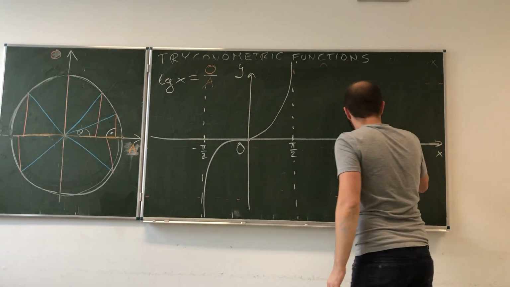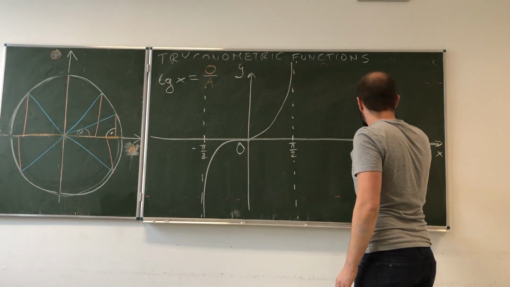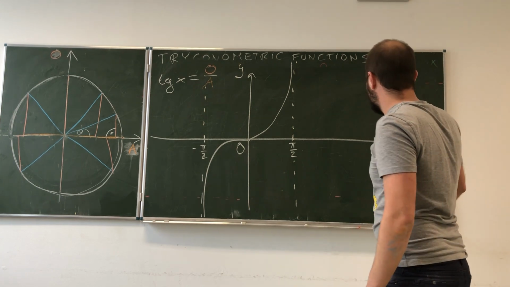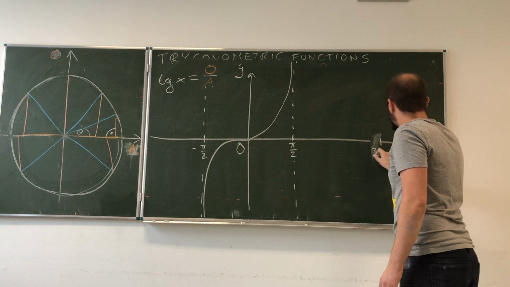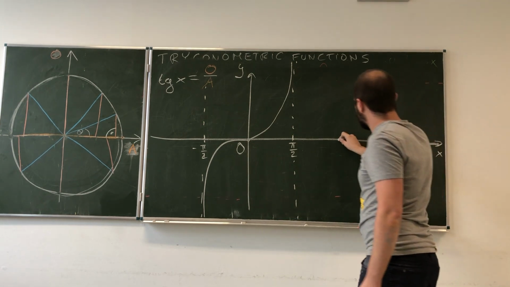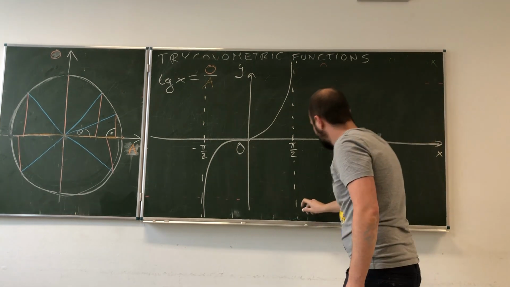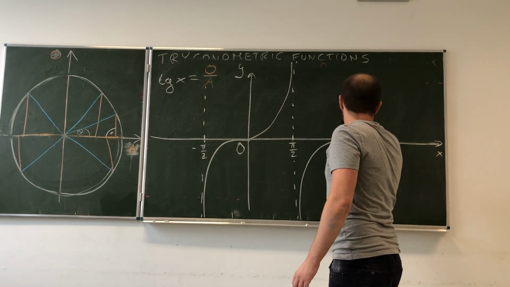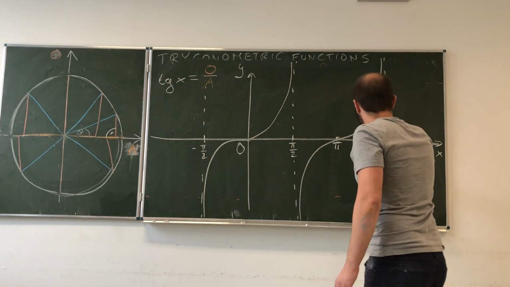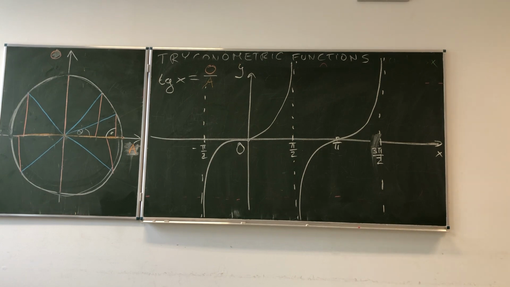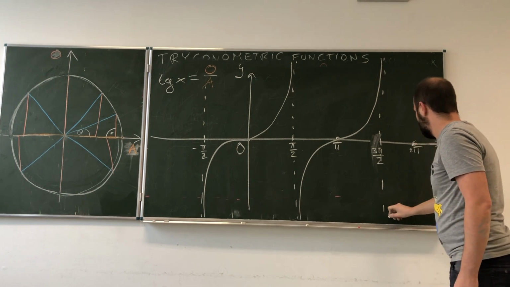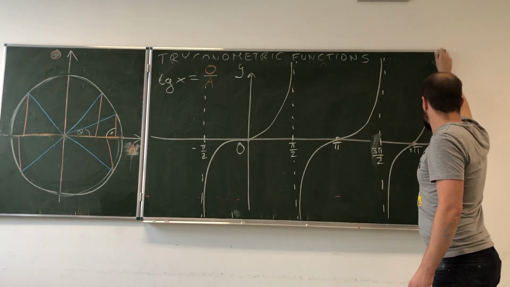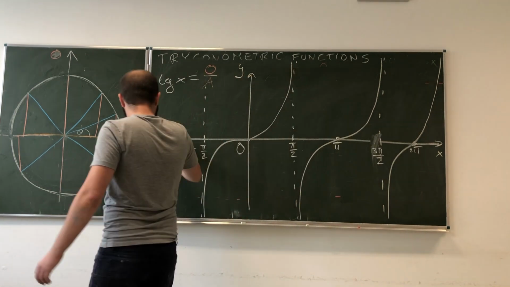So before we get to 3 pi over 2, we will again obtain the shape like this. And look, for this reason, the tangent function looks like that. And the same will be here.